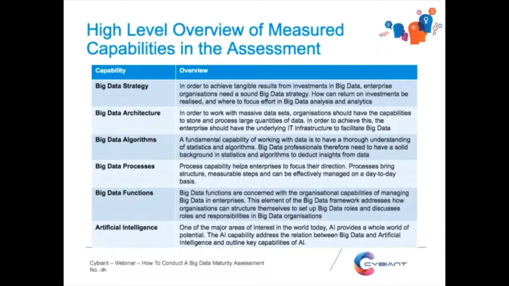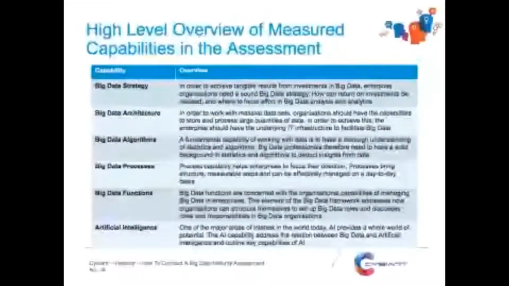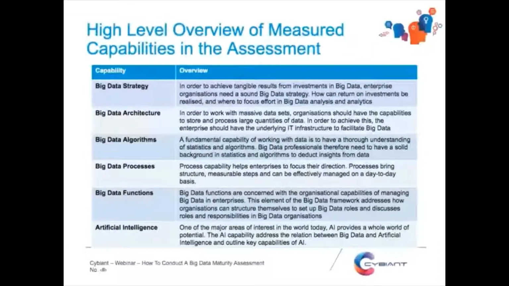So do you have the capability to retrieve value out of your data? Then we look at processes, which is the capability to embed things systematically in your organization. We look at functions, which is the people component. And we look at AI, which is a capability that addresses the relationship between big data and artificial intelligence.